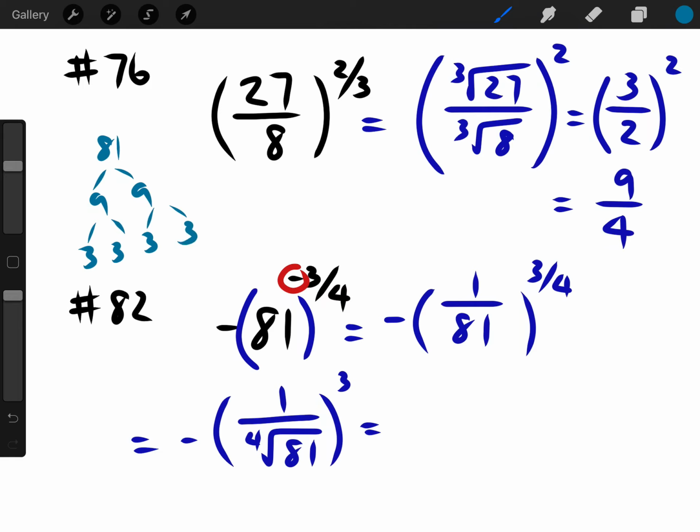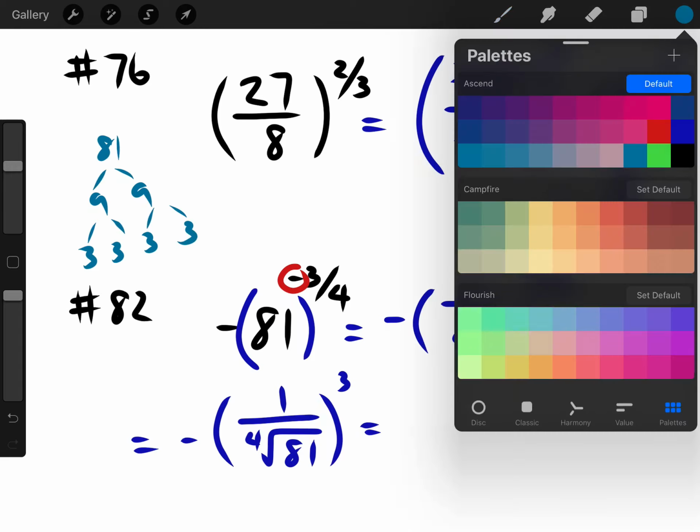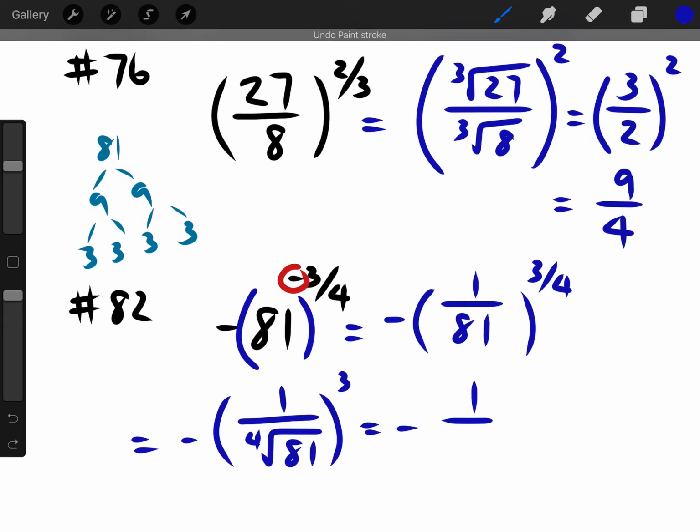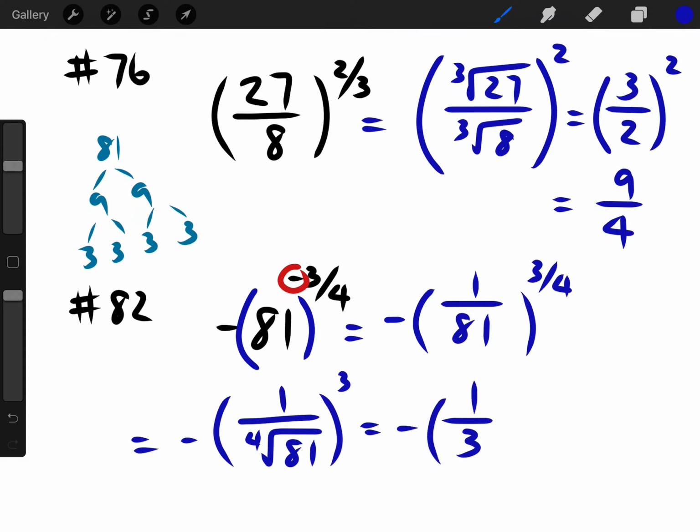Okay, so underline, circle 1, cancel the rest. So what you're going to get here is 1 over 3, to the 3rd power. Okay, so you're going to get negative 1 over 27 as your answer.